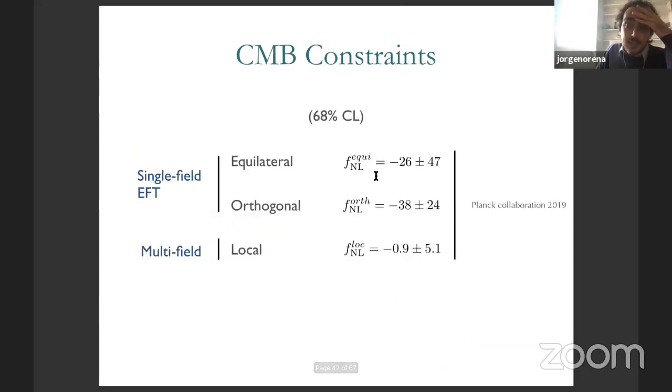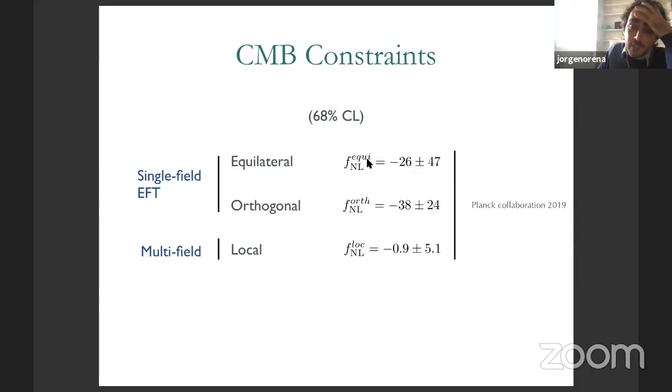And Planck has put constraints on this. I'm quoting the recent 2019 constraints at 68% confidence level. The ones generated by single field inflation, in equilateral or orthogonal configurations, are compatible with 0, but the constraints are not very good.